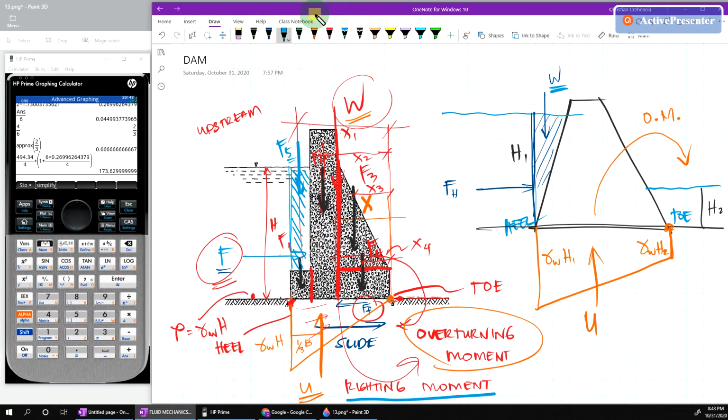So yung overturning moments natin in this example will be produced by this hydrostatic force FH, and yung ating uplift force U. Okay, so we have to determine lang yung location nila or yung mga distances or moment arm from the toe or from this point.